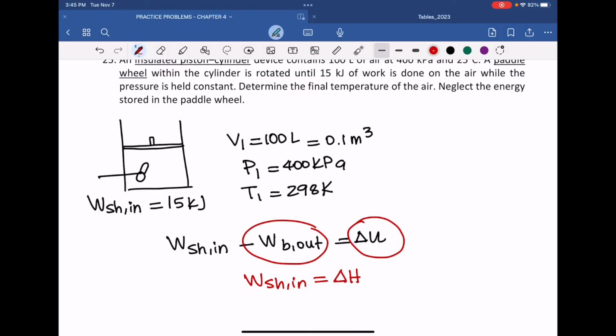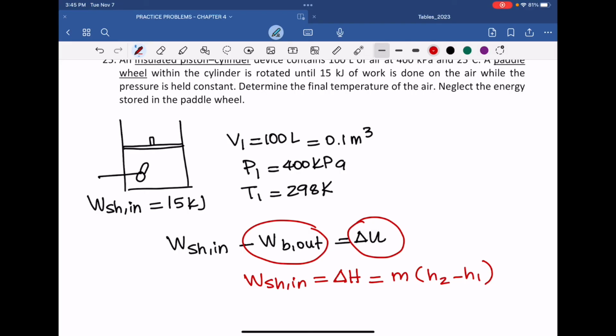And so, very good. We know 15 kilojoules of paddle work is done, and if we know the first state enthalpy and mass, I can calculate H2, and if I can calculate H2, I will be able to calculate the temperature.